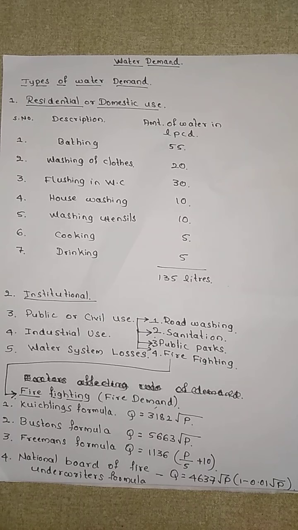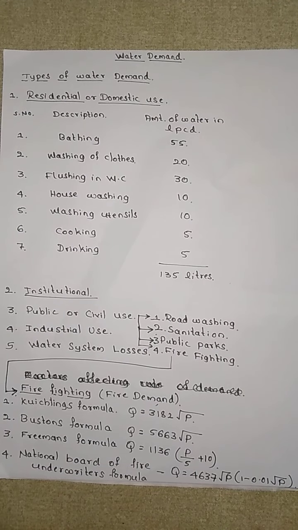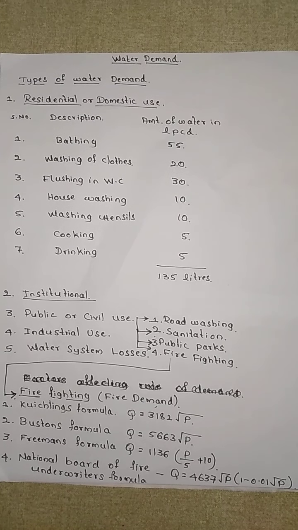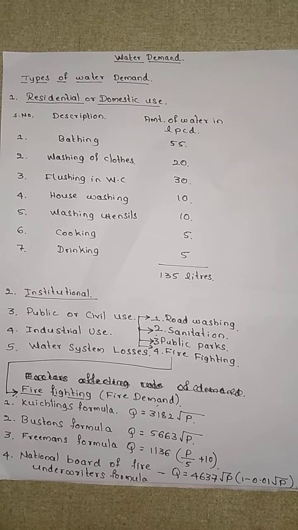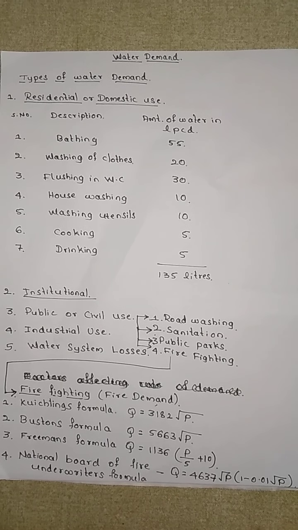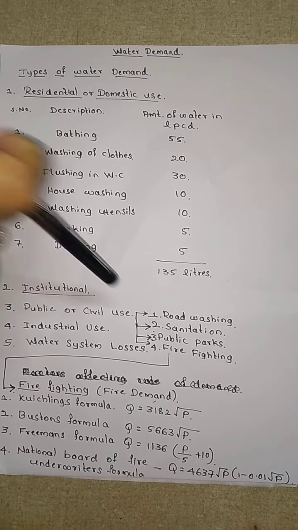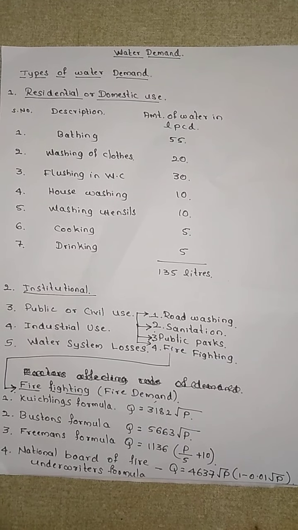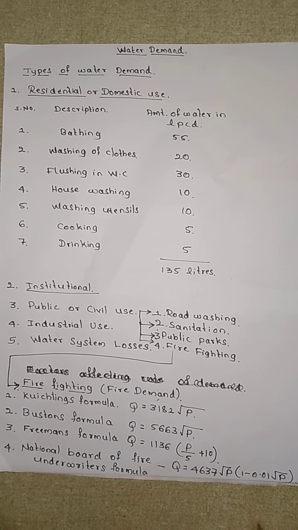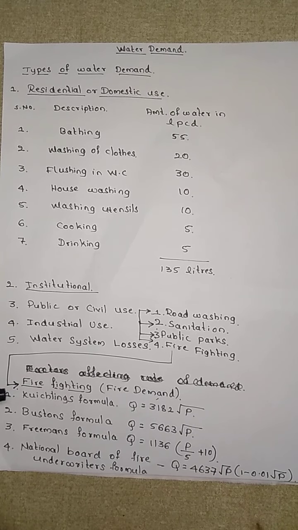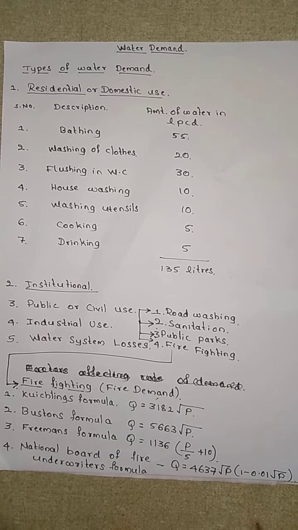Next is firefighting. Fire accidents happen accidentally, so we need to have a good amount of water for this purpose also. For firefighting, we calculate the amount of water requirement by using various formulas: the Kuchling formula, Buston's formula, Freeman's formula, and the National Board of Fire Underwriters formula.